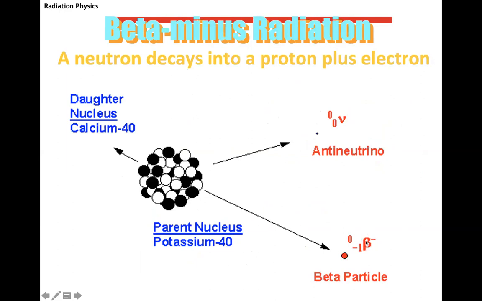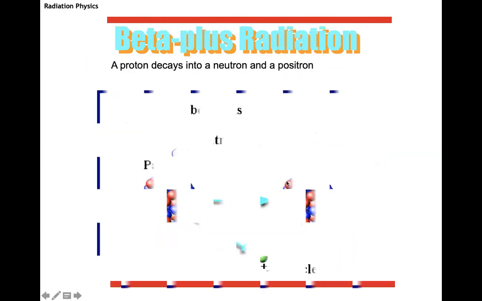This is not an atomic electron, of course. This is important also for radiation protection. This is a nuclear electron, so it comes from a nuclear process, not from an atomic process. In association with the emission of the beta electron, you also have another particle, which is an antineutrino, which has no charge, but brings part of the momentum in the reaction.